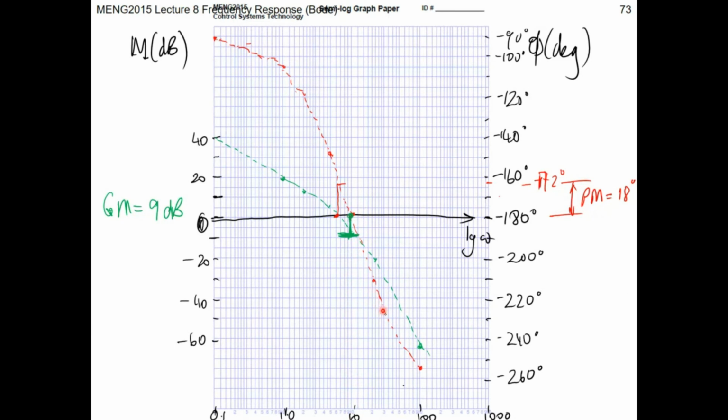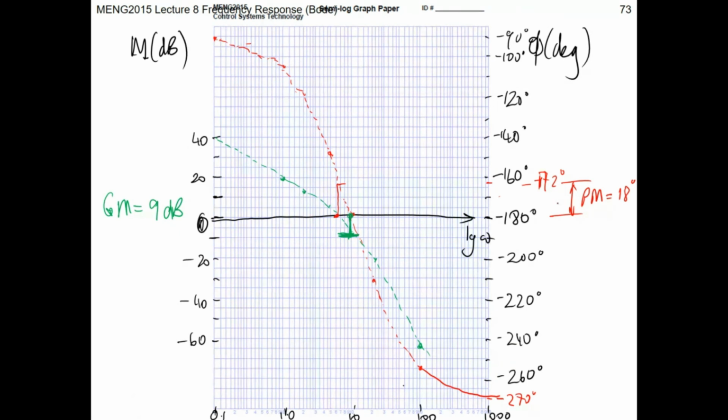I could augment this plot a bit to show that this is 240, 250, 262, so minus 270 degrees is here, and this graph will level off like this at minus 270 because, like we said before, overall it's a third order function.